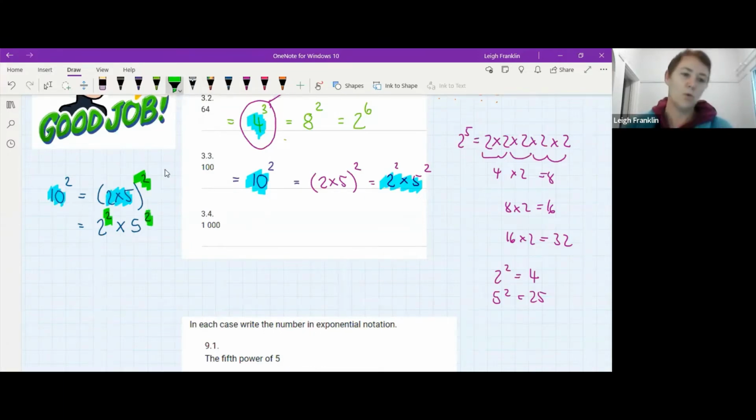Okay. That's all I'm saying. So I'm just rewriting 10 squared in a different way. 10 squared means the same as 2 times 5 squared. And 2 times 5 squared is the same as 2 squared times 5 squared. Right. Okay, because I'm multiplying, that's why I'm allowed to do that. Okay, ma'am.